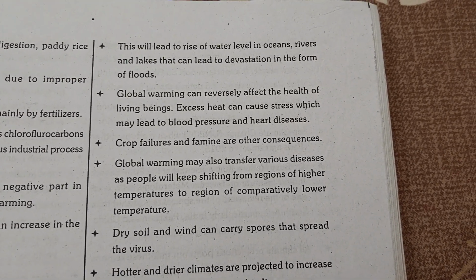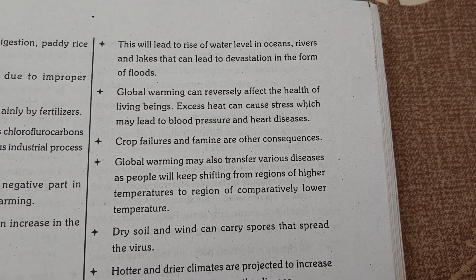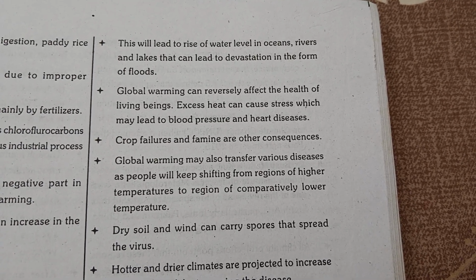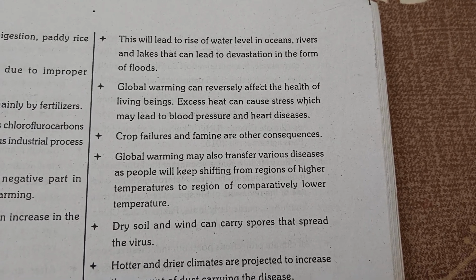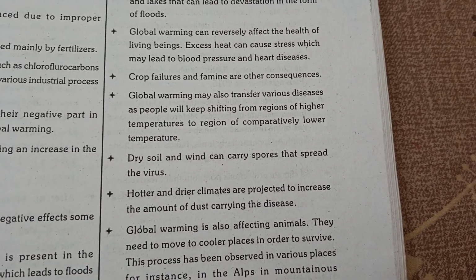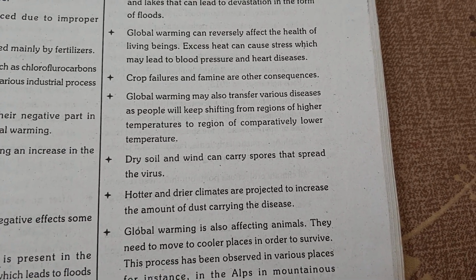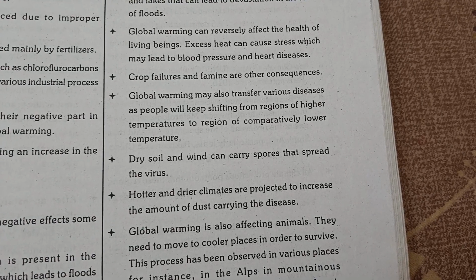Global warming can adversely affect the health of living beings. Excess heat can cause stress, which may lead to blood pressure and heart diseases. Crop failures and famine are other consequences.